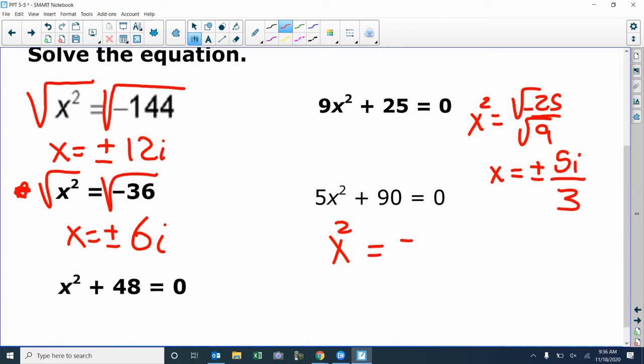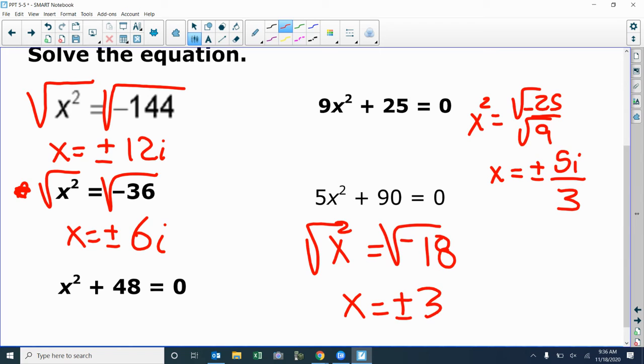Get it, Hannah? 18. 18, that's better, yeah. Negative 18, take the square root there. X is equal to plus or minus, I think this is gonna be 3i square root of 2, because 9 comes out as 3, right? 9 times 2. And the square root of negative 1 is our i. And there we have it.